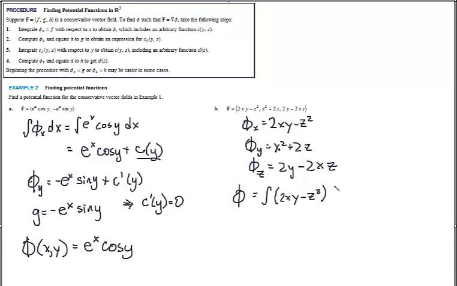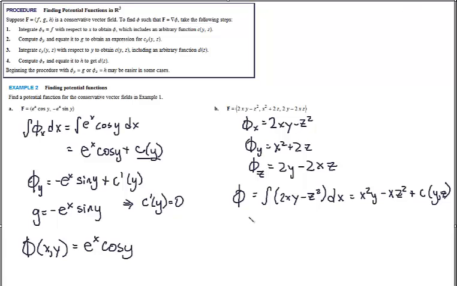I'm going to integrate this with respect to x, and you are going to end up with x squared y minus xz squared plus some arbitrary constant that is in terms of y and z.